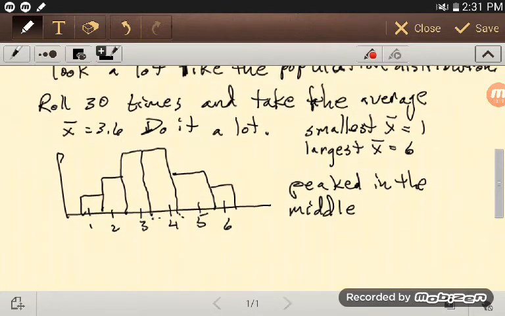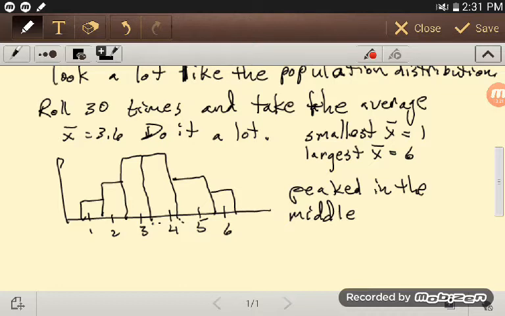However, if I take a sample and I do something like take its average. Now, you have other items, we'll talk about those as well: standard deviation, medians, that kind of thing. We could do the same thing with those.